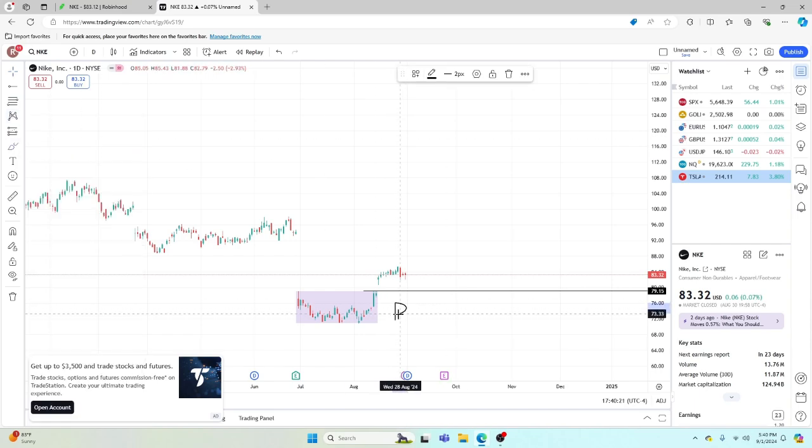So I DCA'd this whole area here, $10 a day, into Nike in this box right here. I wasn't sure if we were going to keep going down. I was positive this was the bottom-ish area, so that's why I got in. And then right when we cleared this area over here, this $80 area, I shut my DCA off.